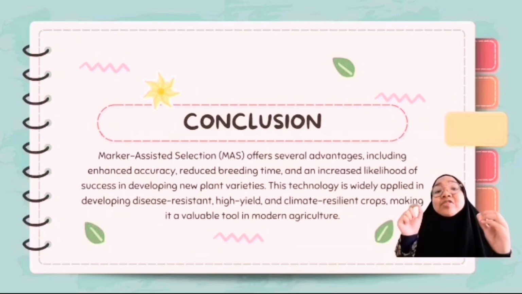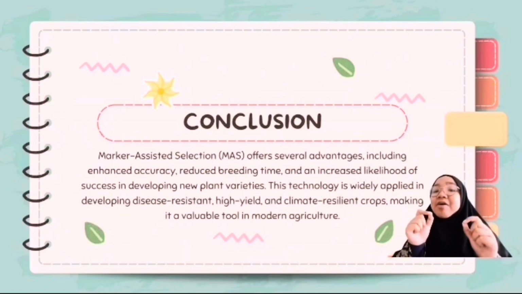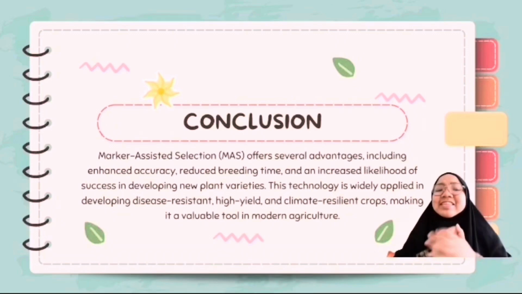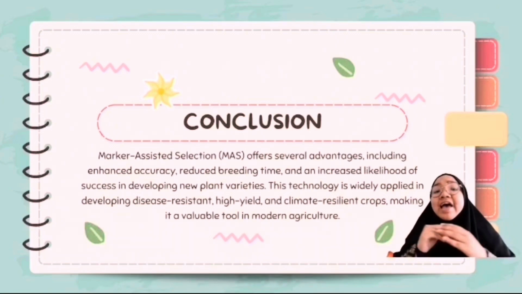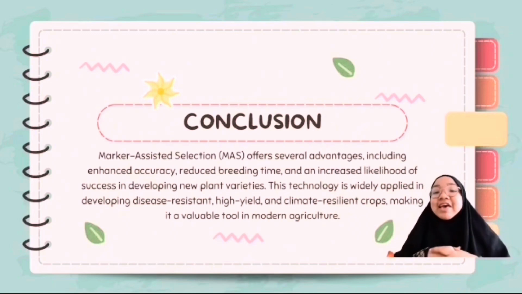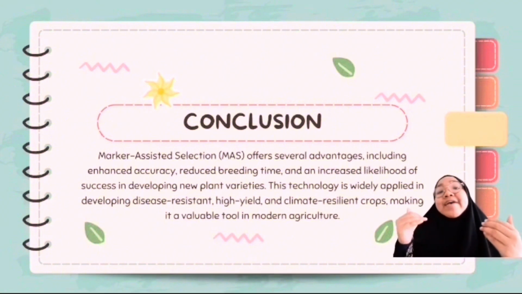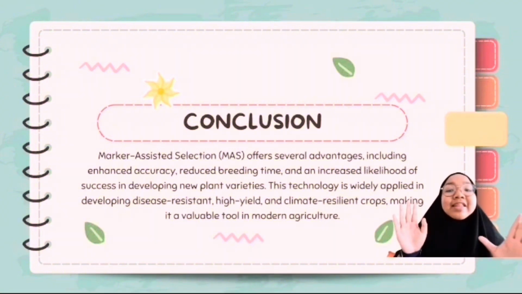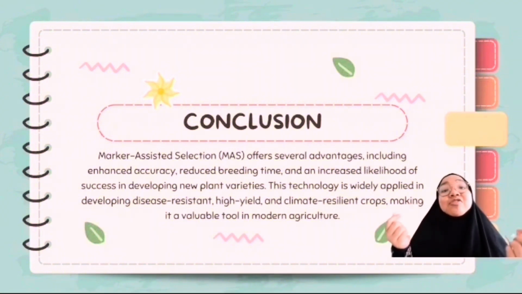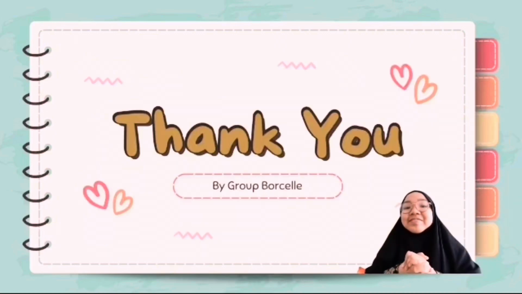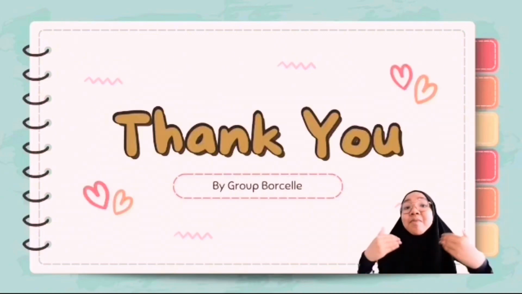MAS is a game changer in creating crops that are disease resistant, high yield, and resilient to climate challenges. With molecular markers, we're paving the way for a brighter, more sustainable future in agriculture. That's all from our group.